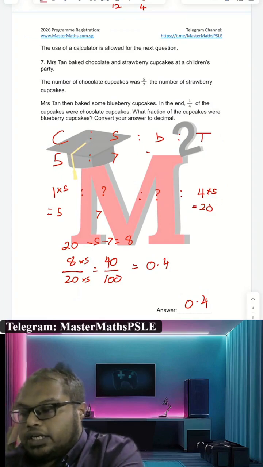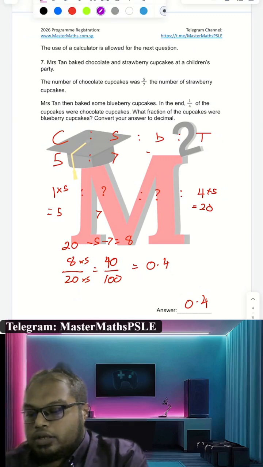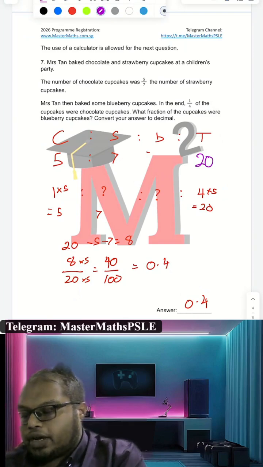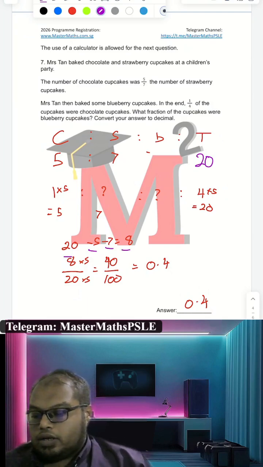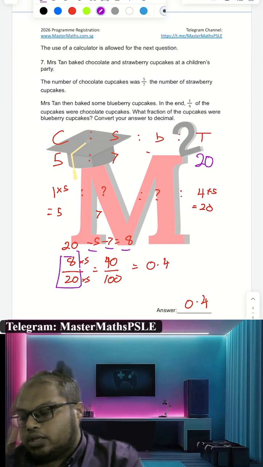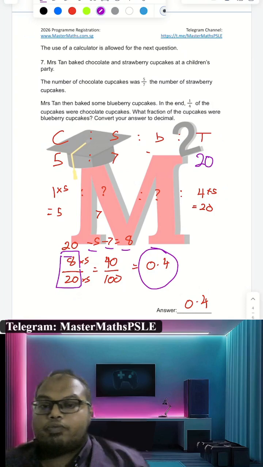So technically there is a total of 20 here. If we work backwards, I take 20 minus 5 minus 7, and I get 8. So 8 over 20 becomes 0.4.